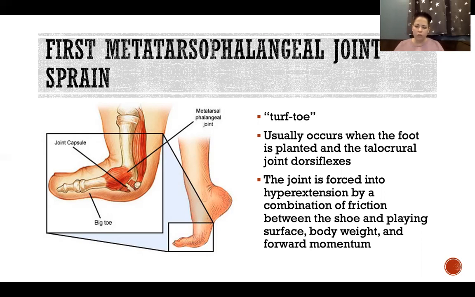So it's a combination of the friction of your shoe, like cleats or other types of footwear. So you've got friction keeping your foot down on that playing surface. And then you've got the weight of your body and your forward momentum going on top. And then you can sprain that joint, and that would be turf toe.